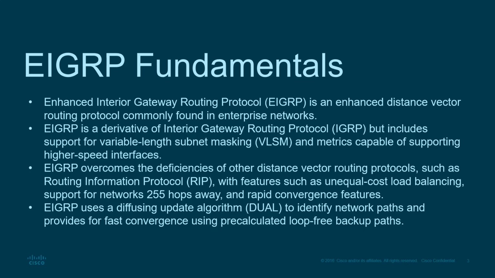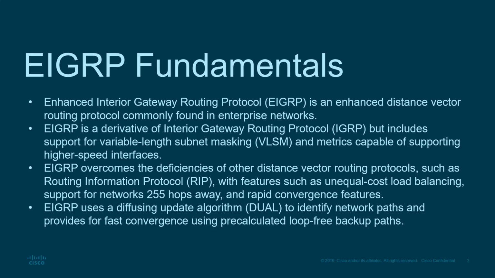So most times when you do load balancing in protocols, they have to be equal cost. With EIGRP, you can do unequal, which means you can do a variance of the best cost. So this allows you to send 2 packets down the primary and 1 down the secondary, that sort of thing.